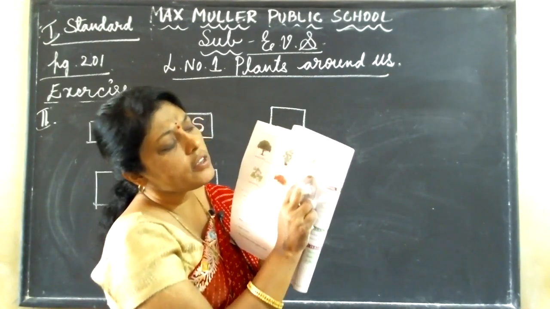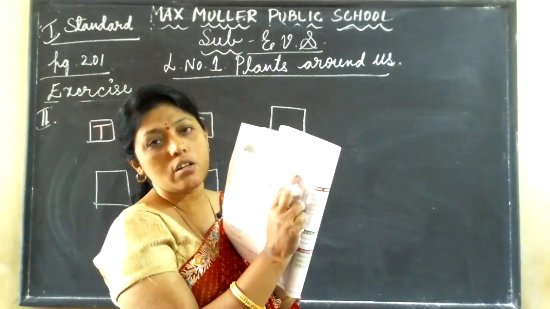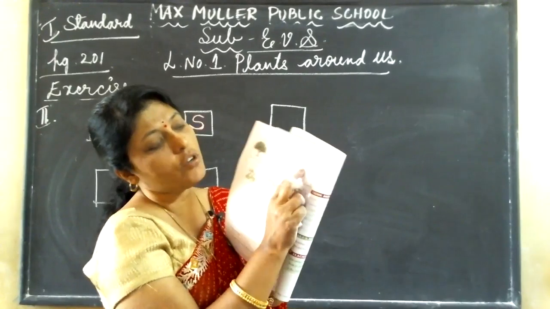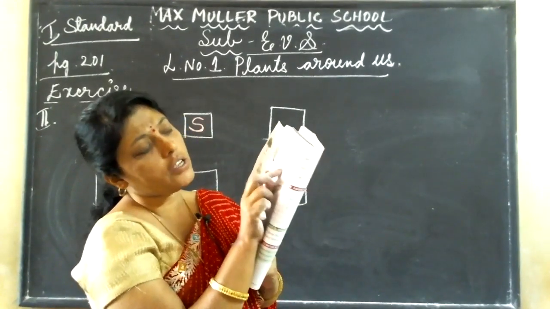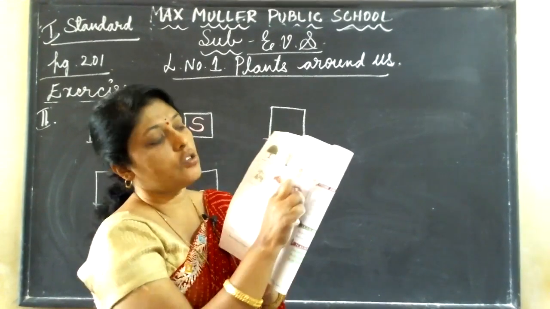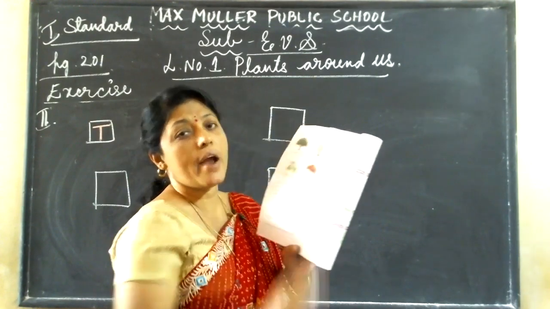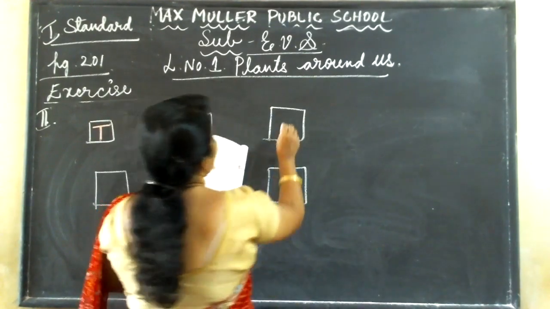Then come to the third picture. This is very small and the stem is very weak and non-bushy also. It is only one single stick like this, very thin also. So very thin, weak stem and non-bushy plants we call herbs.